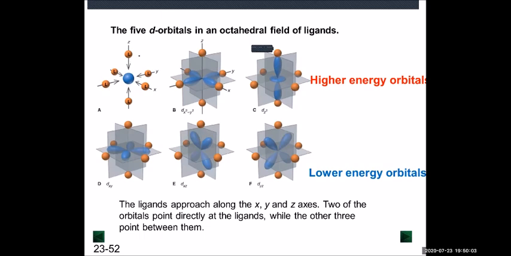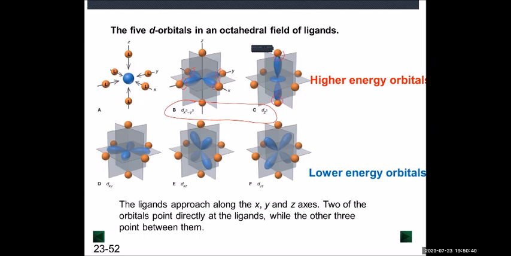And for the octahedral geometry, there are x, y, z, 3 axes for the d orbitals. And those d orbitals will have interaction with the ligands. For these two orbitals, the ligands are lined up right in confrontation with those orbitals.